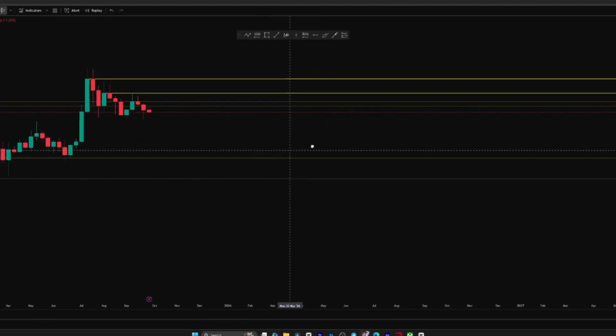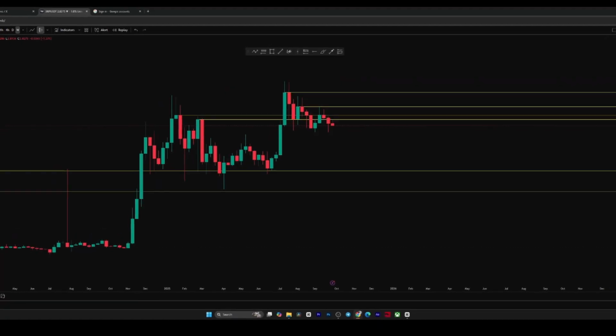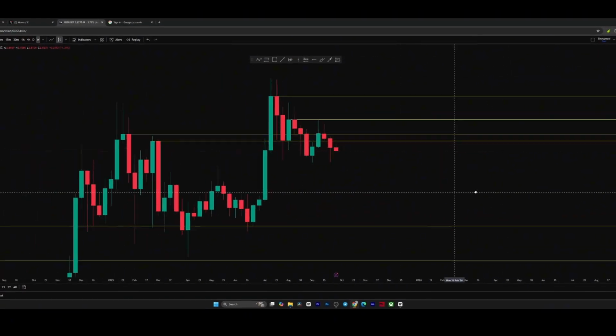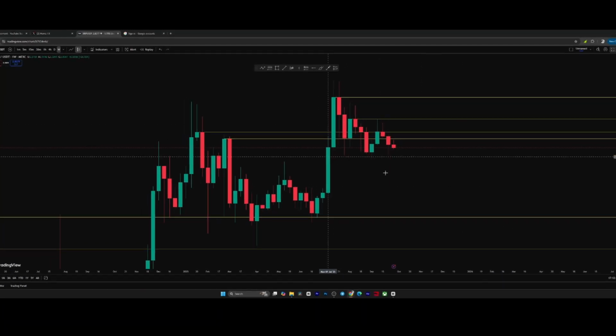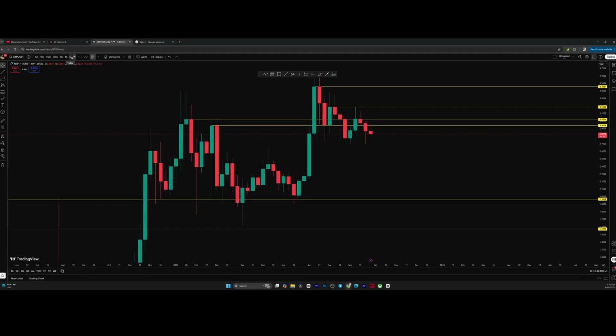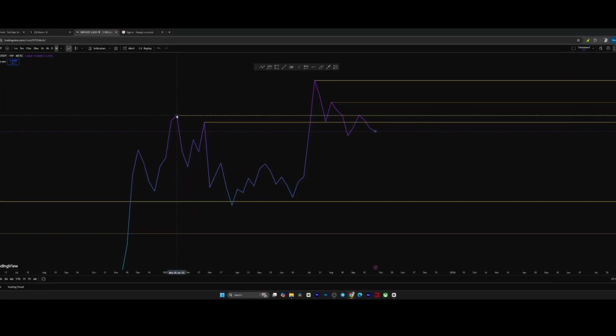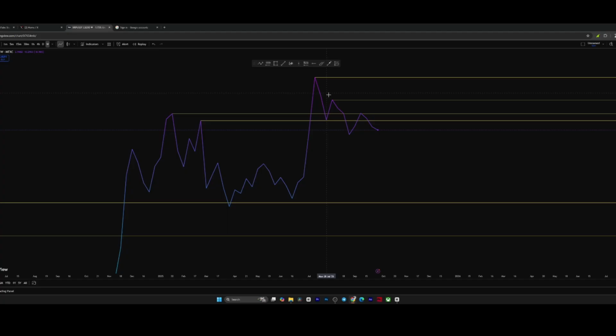Now with that being said, this is our support, and we can now zoom in and focus more on what's happening here, right? So I'm going to jump down to the daily time frame, and you guys are going to see another set of lines drawn up. But before I jump down there, I'd like to go back to the line chart and show you guys that I marked these points for a reason, right?